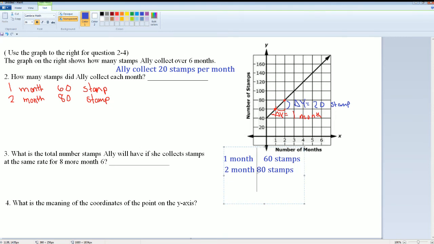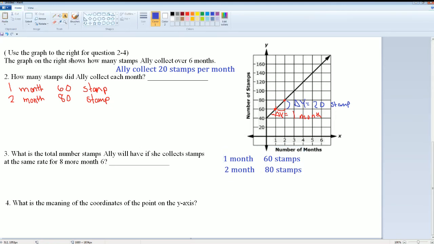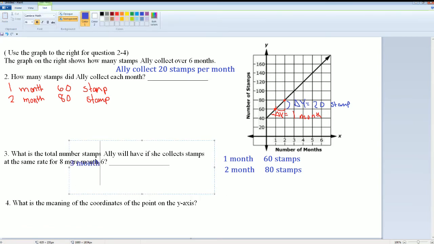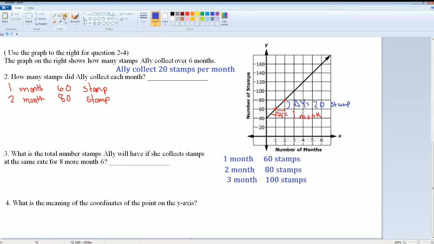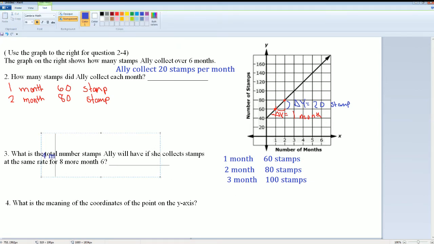Three months, she went to 100 stamps. We're just going to keep extending the chart. 4 months, it looks like 120 stamps.